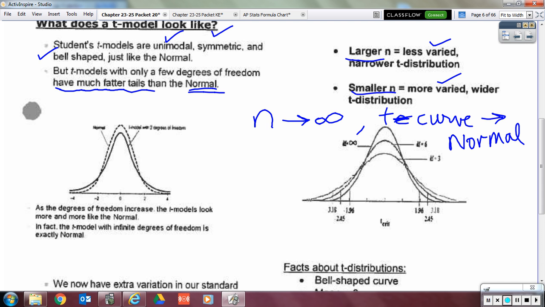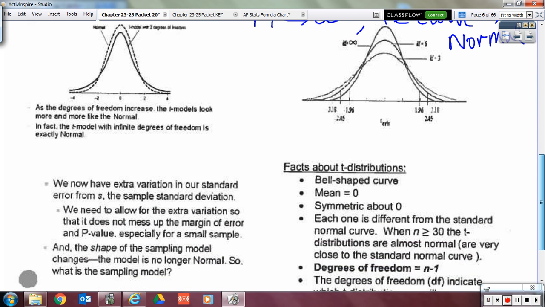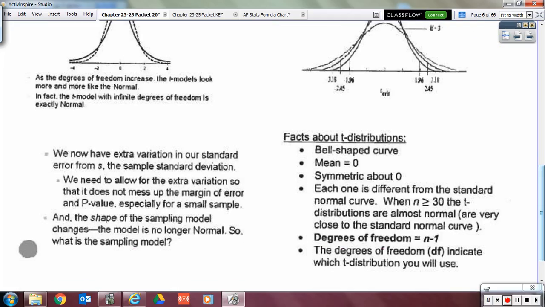Okay, so let's summarize then our t-curves. They are bell-shaped. They have the center still around 0, just like the normal model, symmetric around 0. Every single one of them is different. And what makes them different? There's a whole collection of them. What is making them so different?